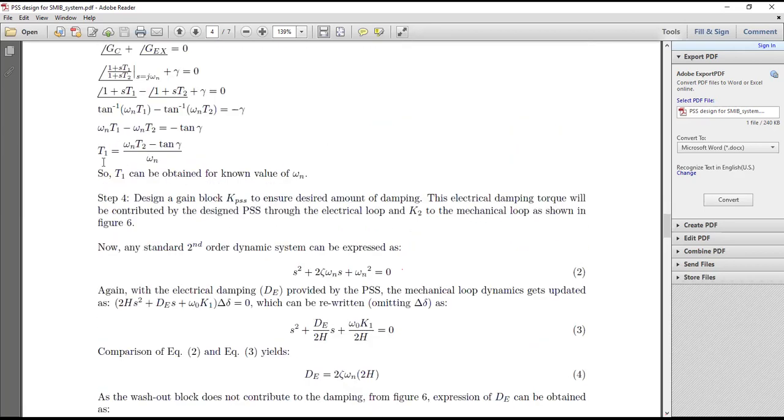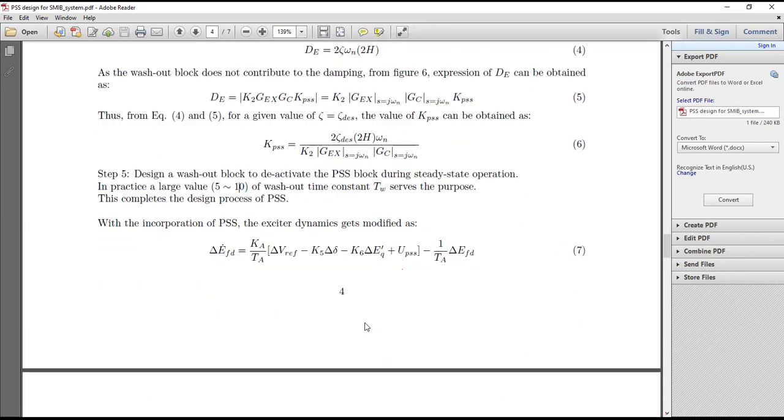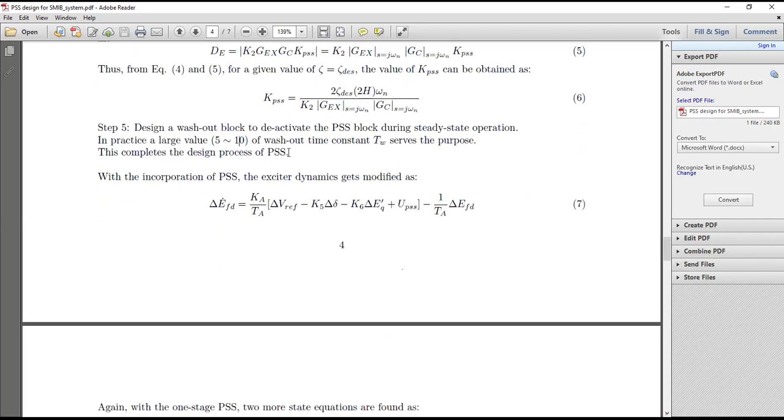Of course, we haven't calculated T1 yet, but when we do, we'll see that the value is not as high as the TW time constant. So it is considered pretty large compared to the compensator time constants. The washout time constant should be large, let's say 5 to 10 times T1 approximately, to serve our purpose. And that completes the design process.